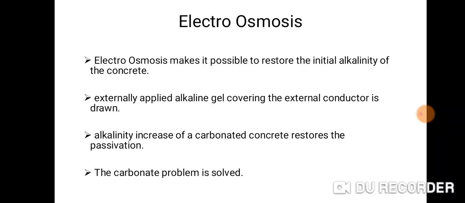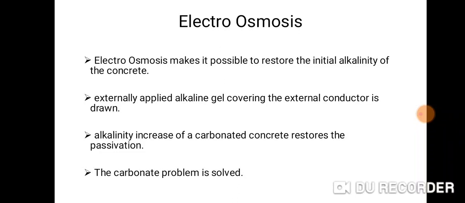Electroosmosis. Electroosmosis makes it possible to restore the initial alkalinity of the concrete. Externally applied alkaline gel covering the external conductor is drawn in. Alkalinity increase of a carbonated concrete restores the passivation.